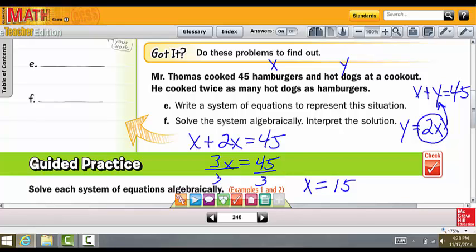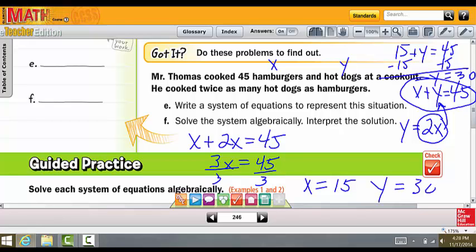Now we can go back to this equation here, this one. We had x, so that's 15 plus y equals 45. Subtract 15 from both sides of that equation, and we have y equal to 30. So we have y equals 30 and x equals 15.